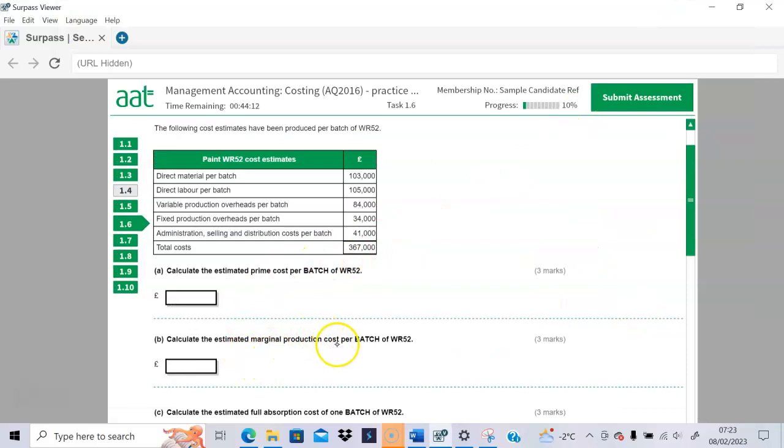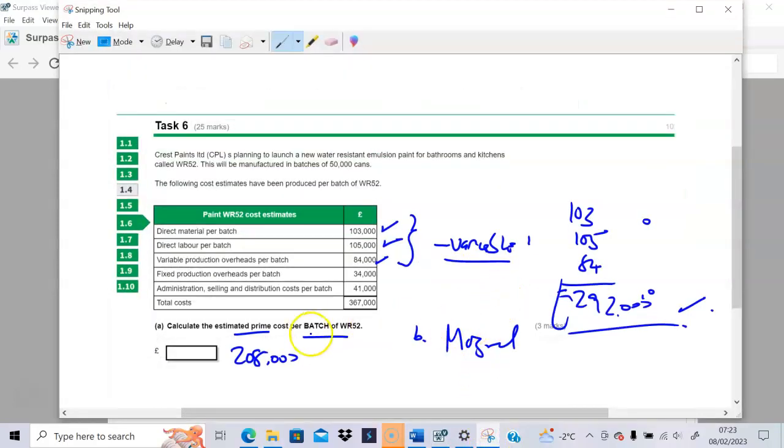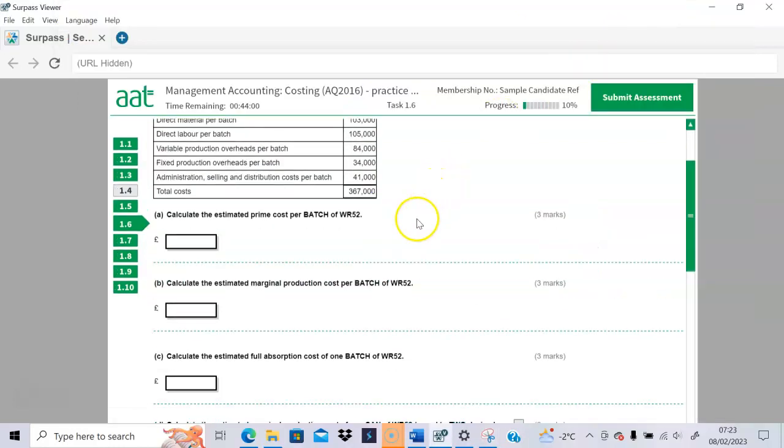I just can't write on this, but I'm writing it here. So A 208, B 292. Yes, right, great stuff. Then now let's look here. Now this one wants to know what the full absorption cost is, and the full absorption cost will now take into account the fixed production overheads of 34.